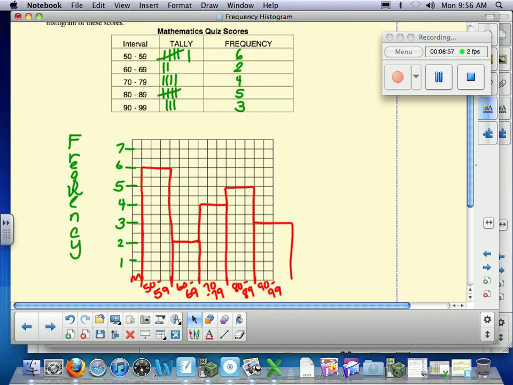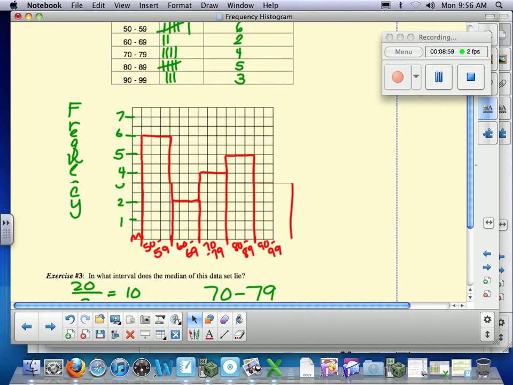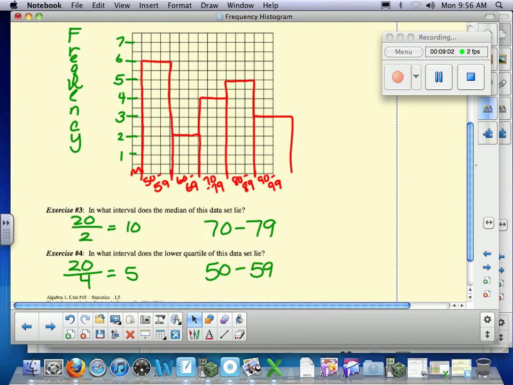So I spilled over just a little bit, but that's okay. Again, on the Regents, they have always given you enough space on your graph paper to do your histogram. It'll fill in there very nicely.